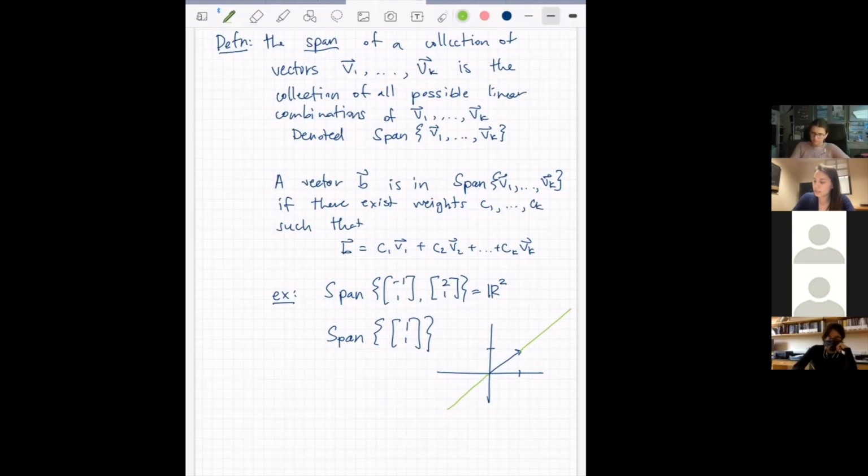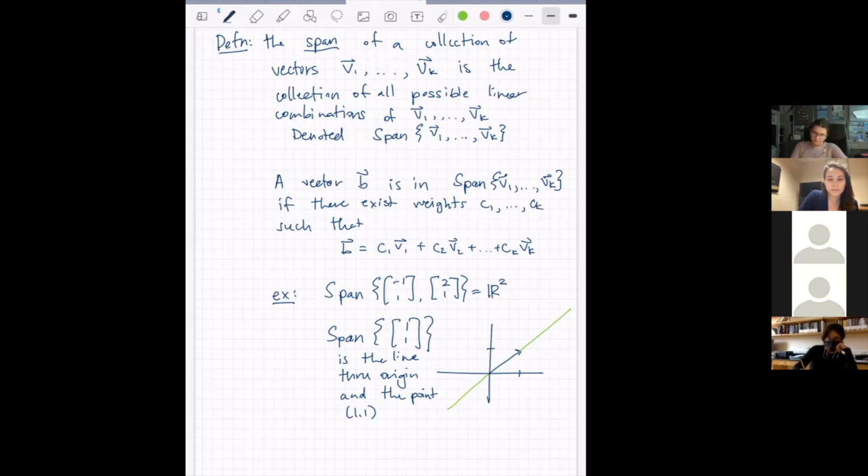So in this case, the span of 1, 1 is the line through the origin and the point 1, 1. And there are many ways we could describe this line. We could actually write down the formula for it, but I'm just going to word it this way, and we can see what that looks like in the picture.